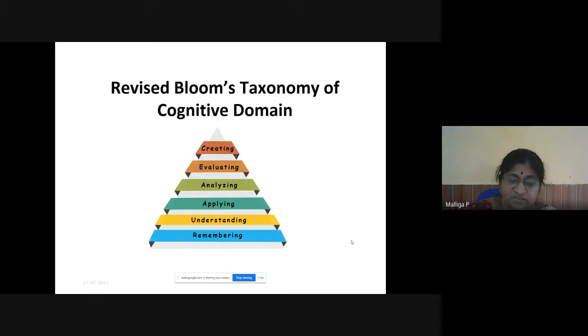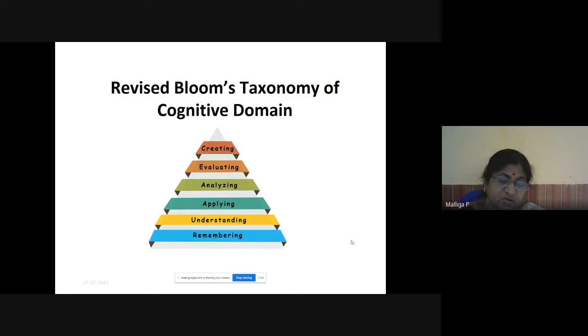A teacher should understand whatever subject he is teaching, they should know about this taxonomy, because you have to plan or design your activities, your assessment, and also align with the course outcomes, isn't it? For that, it is very much required.